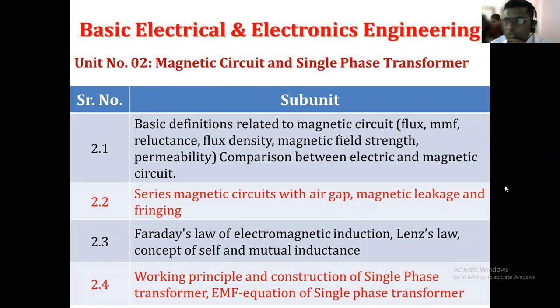So in this topic, there are total 4 subunits. So please write down all these 4 subunits. The 2.1 is basic definitions related to magnetic circuit.